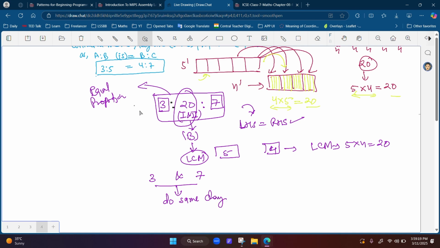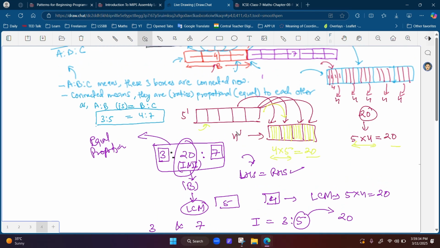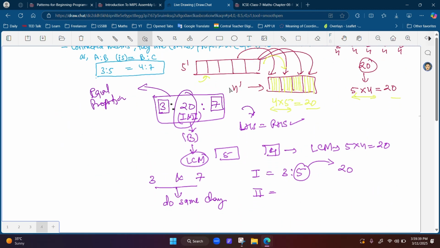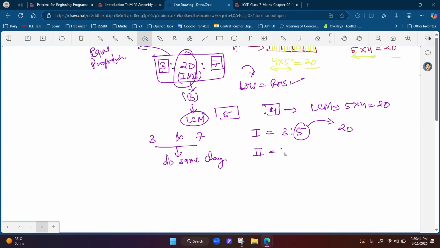How? First ratio was written like this, 3 ratio 5, and now my 5 has changed to 20. Second ratio was written like 4 ratio 7. This 4 has changed to 20.